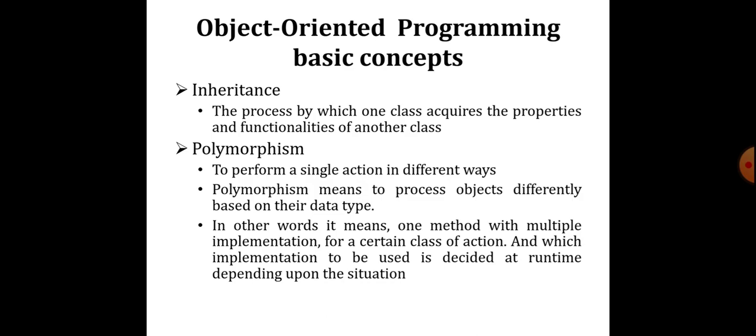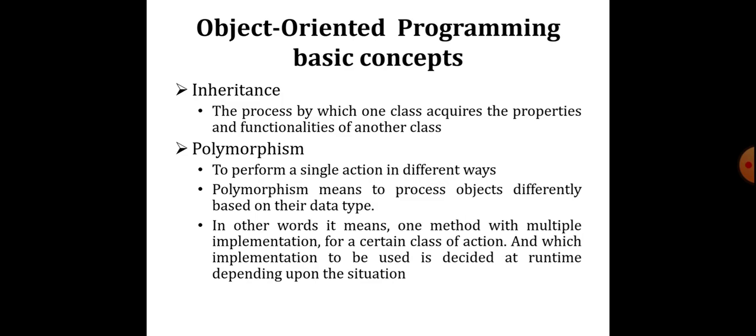Inheritance is a process by which one class acquires the properties and functionality of another class. This process is called inheritance. Polymorphism means performing a single action in different ways.